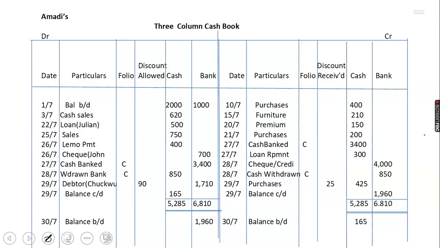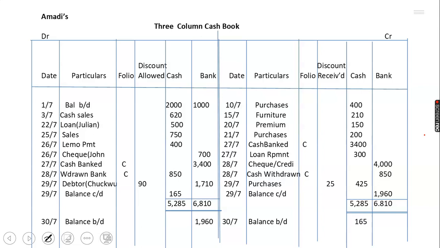The discount that was given was 90 naira, that is 5% of it after calculating it. Then purchases also, with a discount of 25 naira which was given to us, and the amount that was actually paid out was 425 naira.